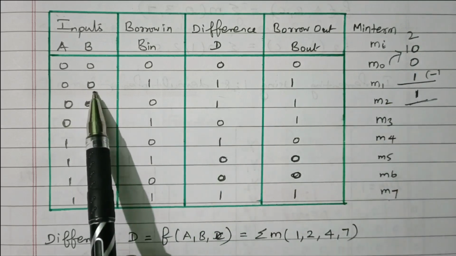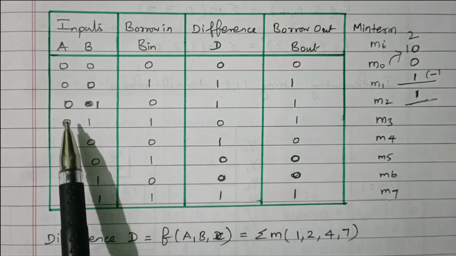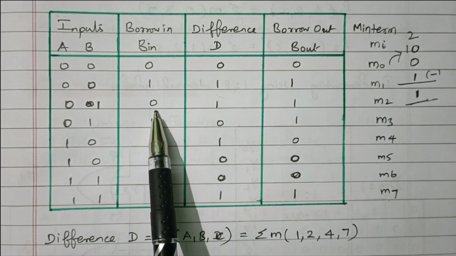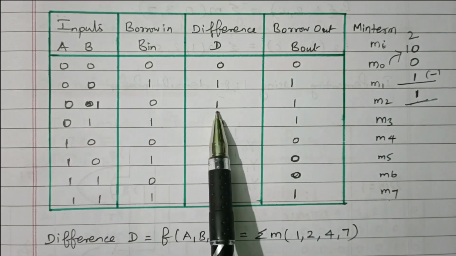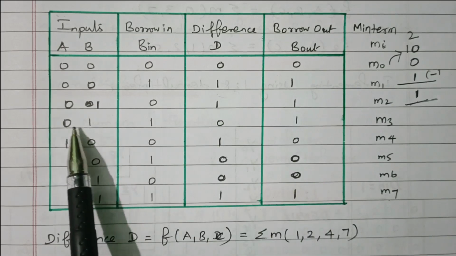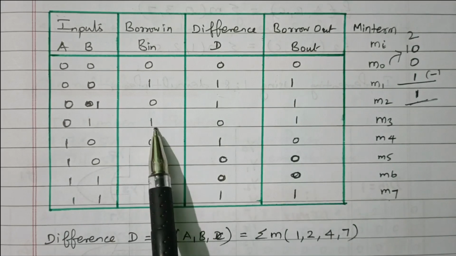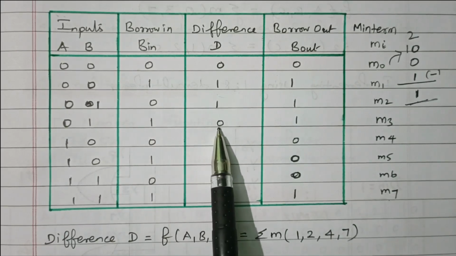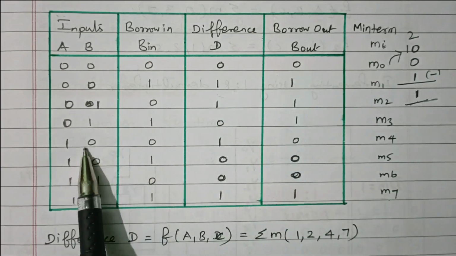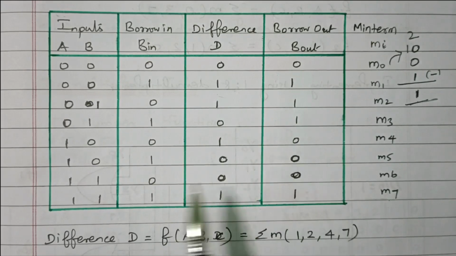Here it is the same thing, 0 minus 1, so the difference is 1 and borrow is 1. Here 0 minus 1 means difference is 1 and borrow is 1, but here one more 1 is there. So this 1 minus 1 becomes 0. Only borrow is 1. 1 minus 0 and 1 minus 0, nothing will happen. The difference is 1, borrow is 0.